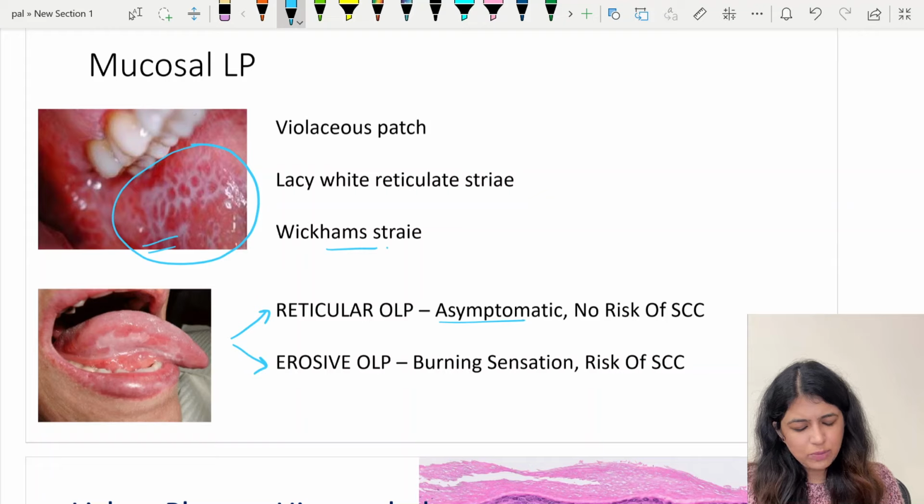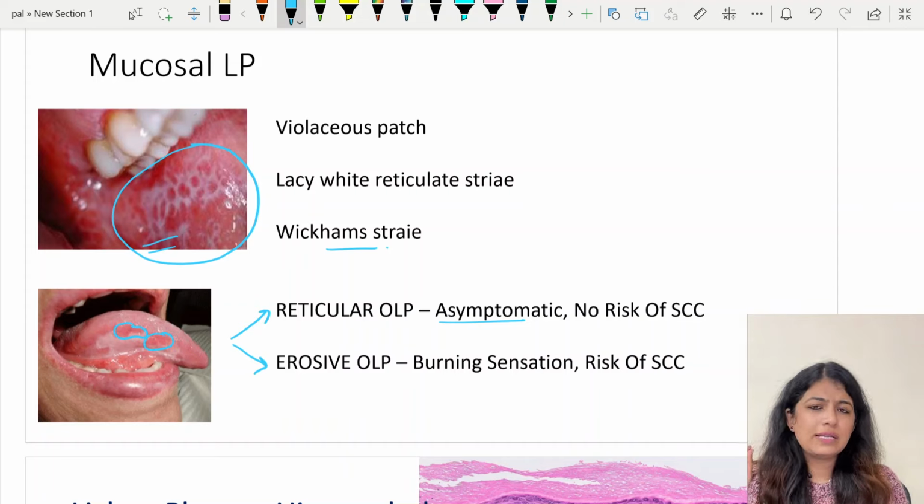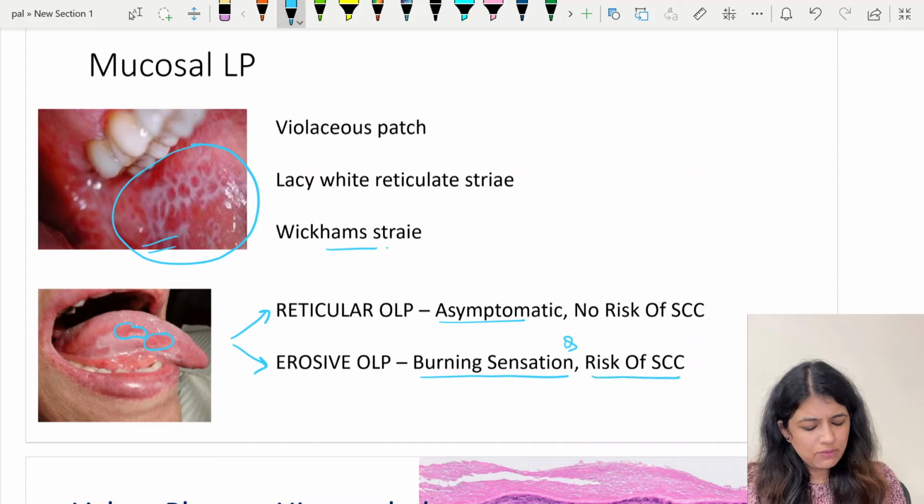It is asymptomatic and generally an incidental finding when you examine the oral cavity. On the other hand, if in the lesion these erosions are present, then it is called erosive LP. Since there are erosions, patient will give history of burning sensation on eating hot spicy food. And also remember, erosive LP has a risk of developing SCC in the future.